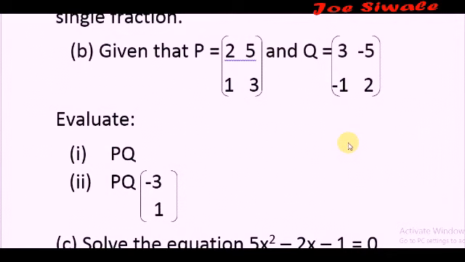For you to answer question B, you need to have knowledge about matrices. The question says, given that P is the matrix 2, 5, 1, 3, and Q is the matrix 3, −5, −1, 2, evaluate Roman numeral 1, PQ, and Roman numeral 2, PQ multiplied by the matrix −3, 1.